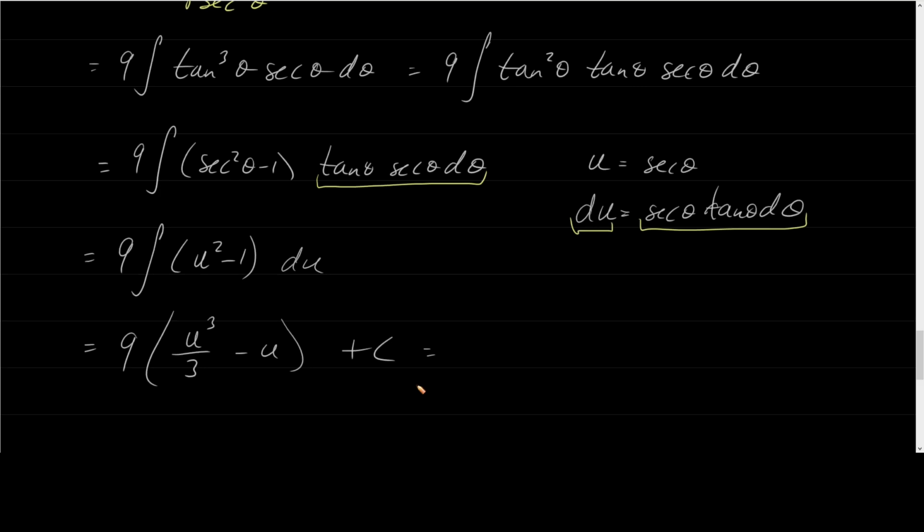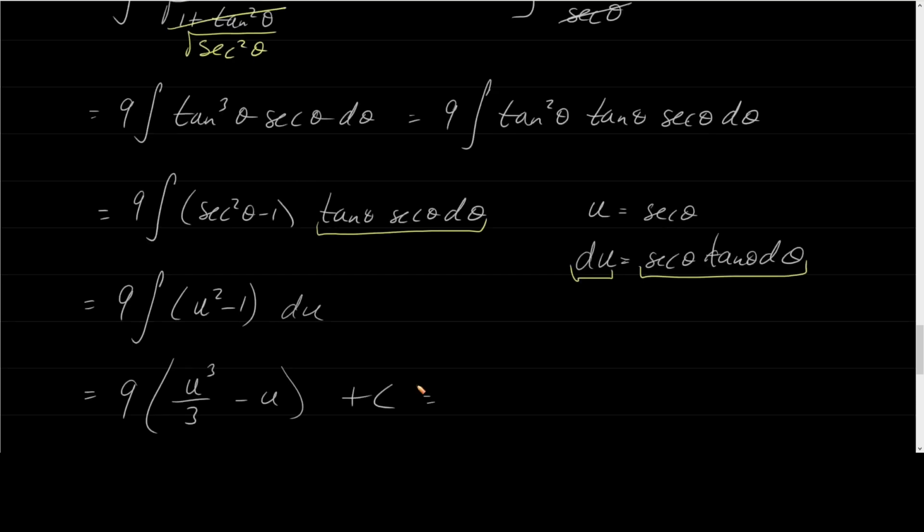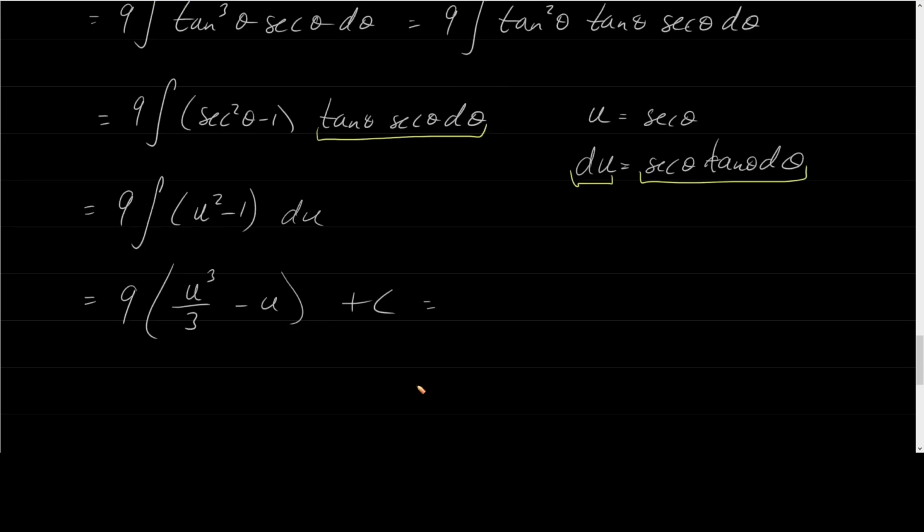It was, what was it about? Before it was about u, it was about secant, right? So what we can do is replace that. So we have 9 times secant cubed theta over 3 minus secant theta plus c.